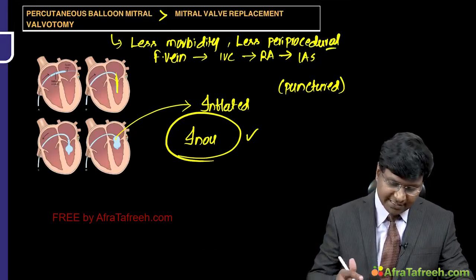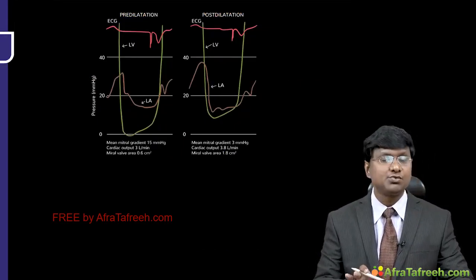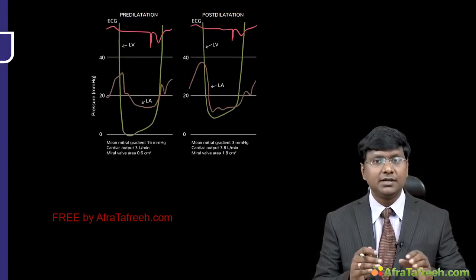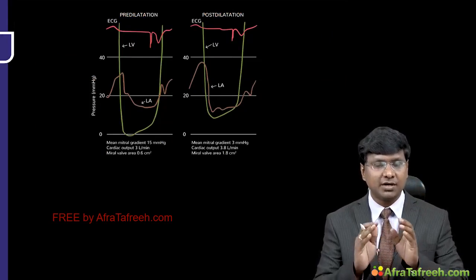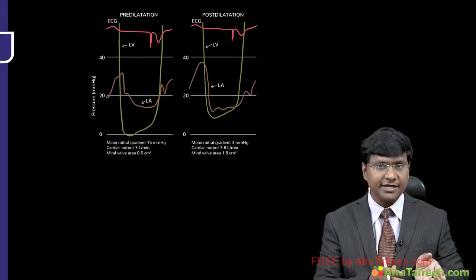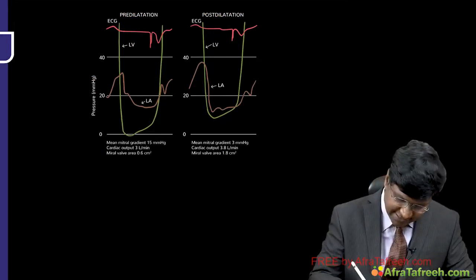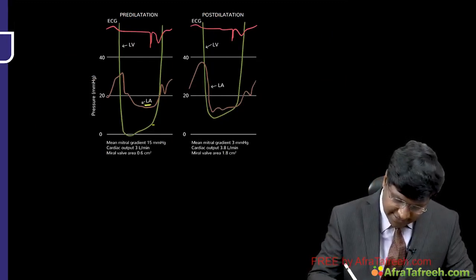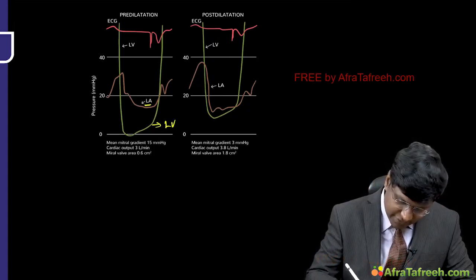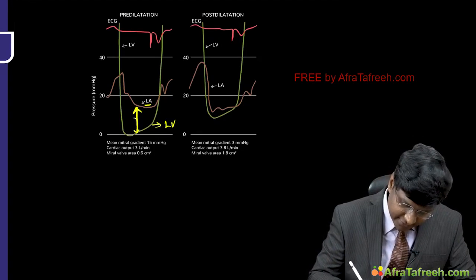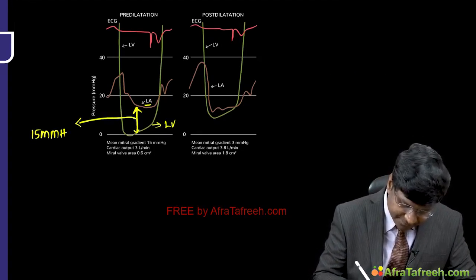Then coming to the mitral valve, this is a graph showing the mitral valve apparatus, the mitral stenosis pre-dilatation as well as post-dilatation. You see here, this is the graph of the left atrium and this is the graph of the left ventricle. And you see the pressure gradient between the left atrium and left ventricle is around 15 millimeters of mercury.